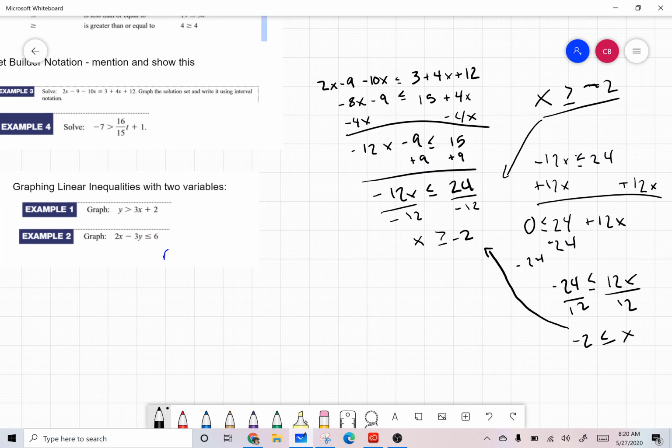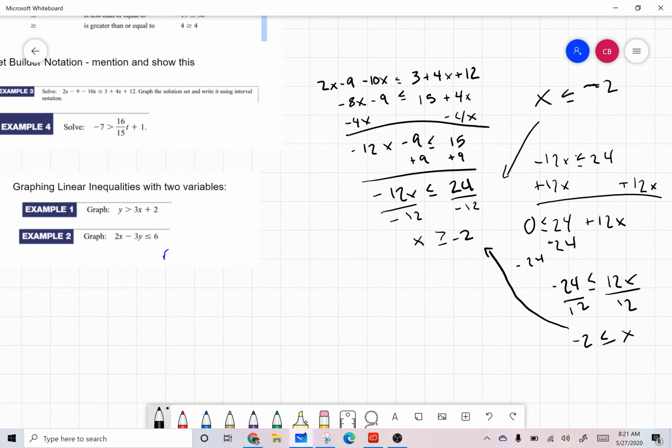Oh, no it doesn't. Sorry, I thought this was greater. I thought this was less than. If I write this, that is not the same thing as down there. And so you have to be very careful. There's two different ways to write that. I prefer the one where x is first, and I'll tell you why when I'm graphing in a minute.